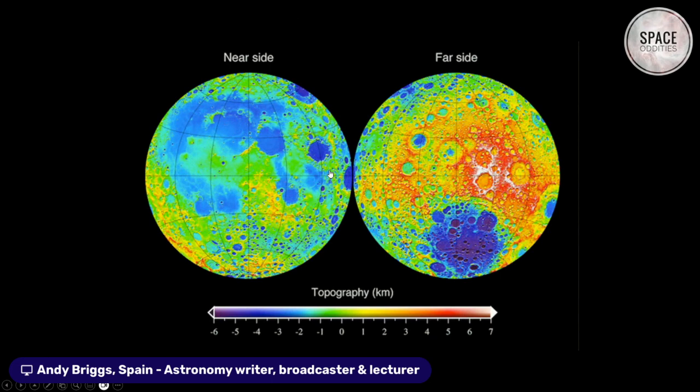And we get to see a little bit of it occasionally when we can see a little bit of the far side of the moon. But as you can see, the near side is characterized by a lot of craters and quite mountainous terrain.